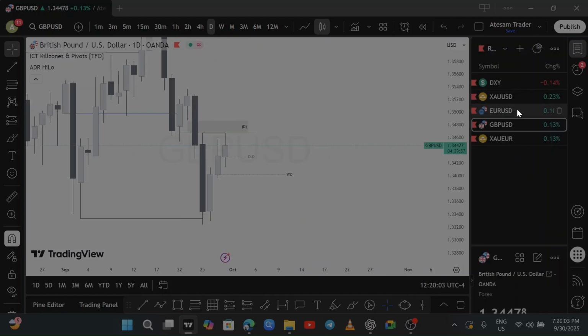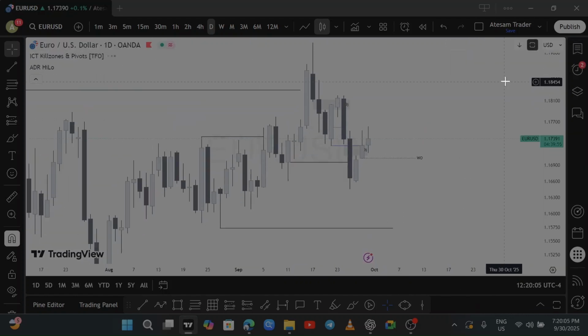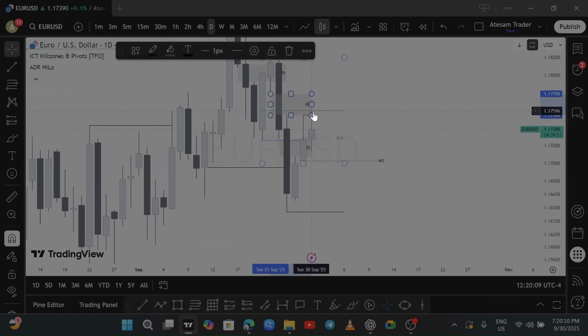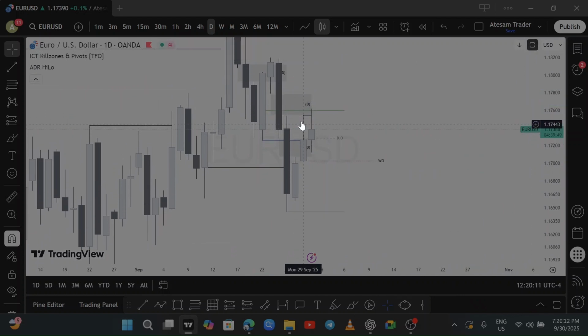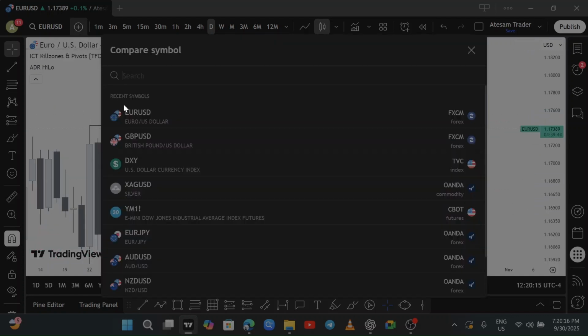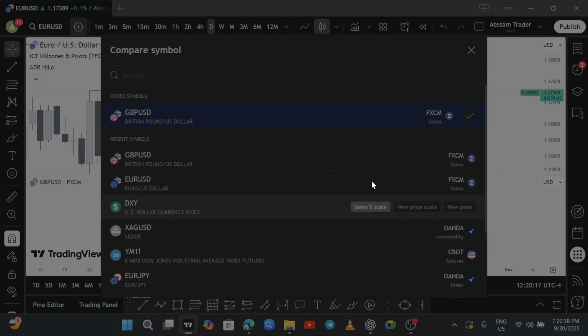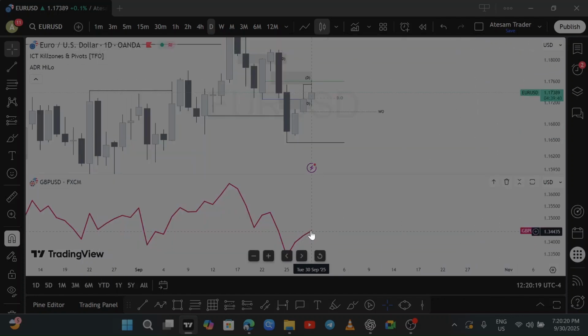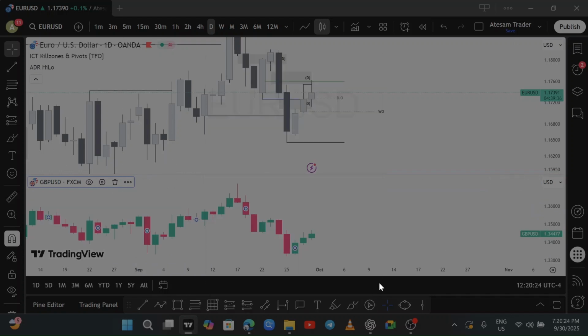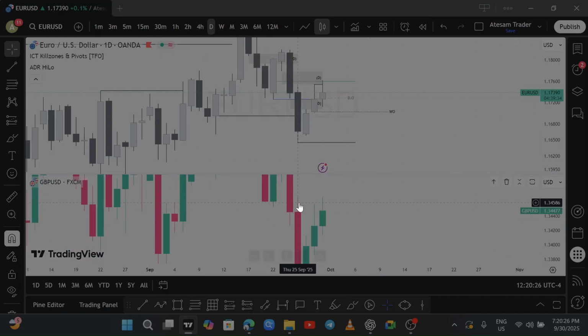So let's come to the EURUSD. What I saw here: EURUSD reached this daily fair value gap. And we have SMT with GU. At that time when I took the trade, GU didn't take these highs.